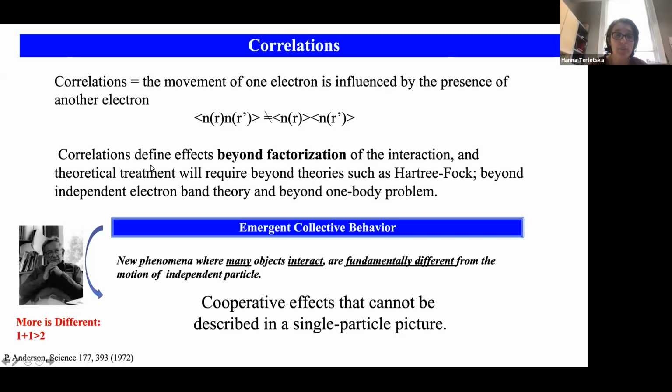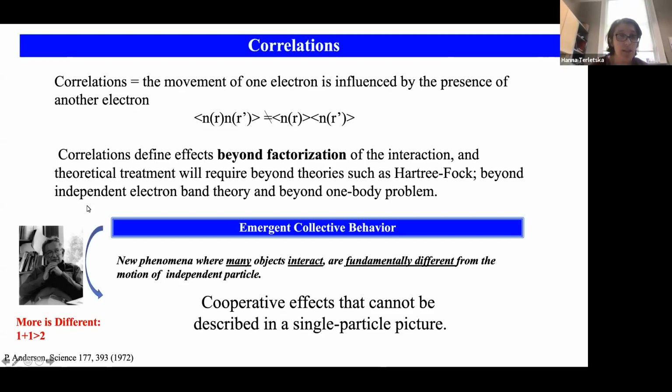Also, you cannot study a correlated system as independent motion of independent electrons, because obviously the motion is really correlated. And basically, for correlated systems, the main message is that one-body independent electron theory breaks down.